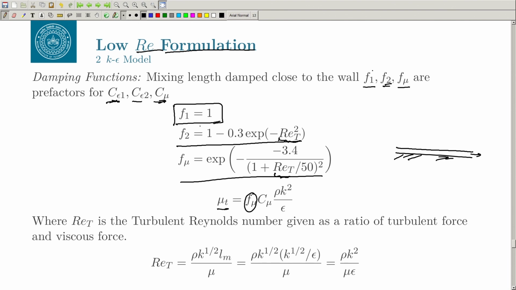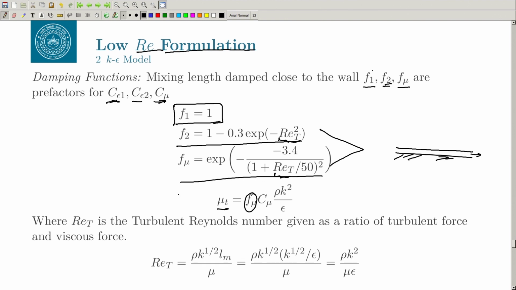So, they have kept f1 equal to 1, but used damping based on the turbulent Reynolds number in f2 and f mu. That gave us the low RE formulation, so that it can work all the way to the wall, and you get the essential damping due to viscosity incorporated in the K epsilon model.